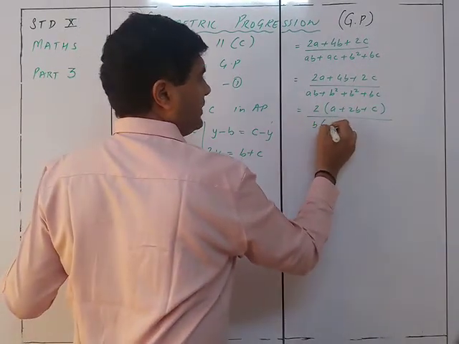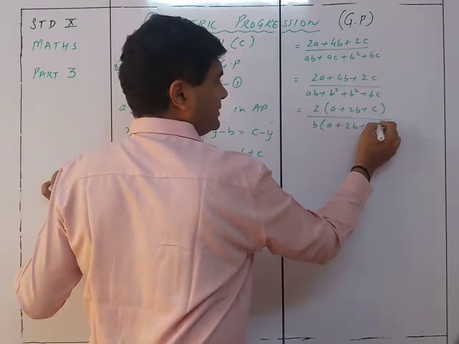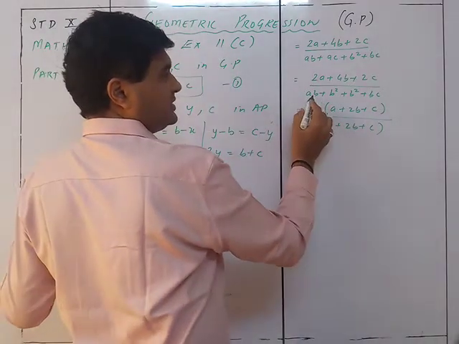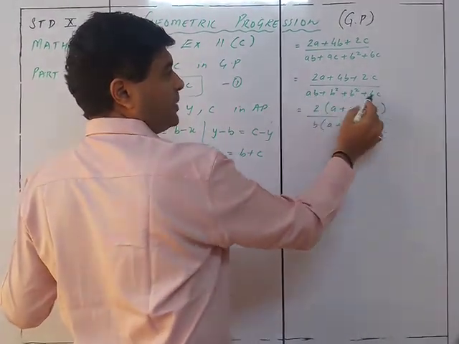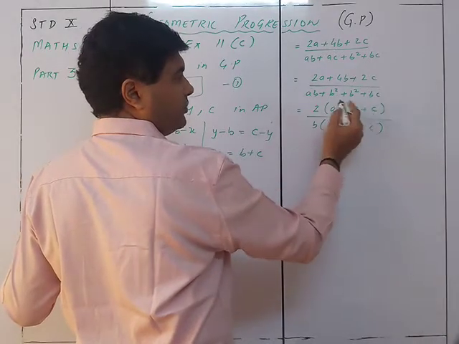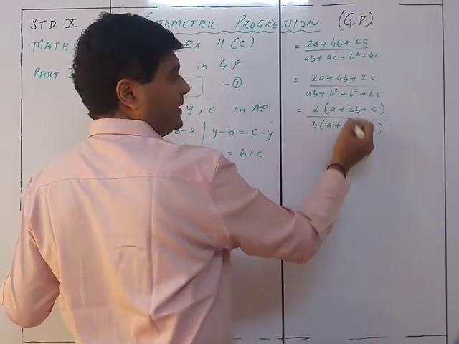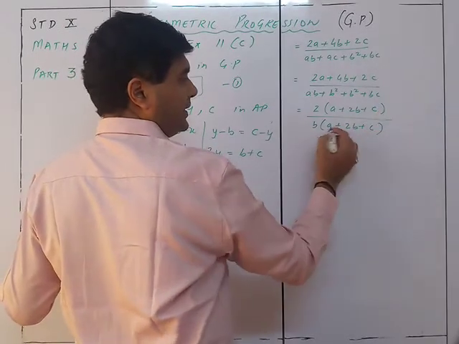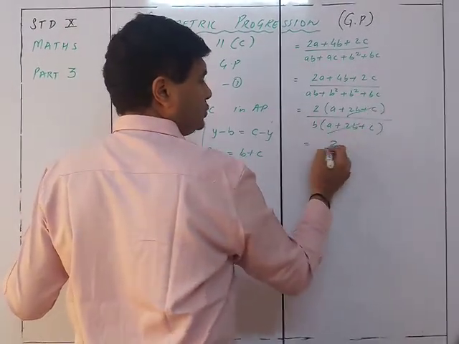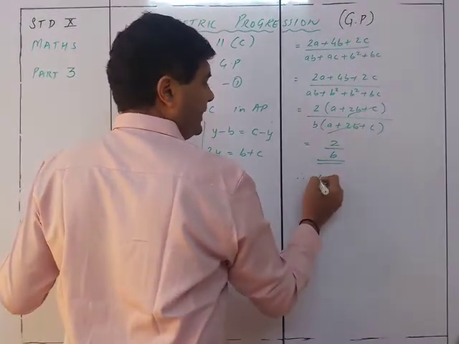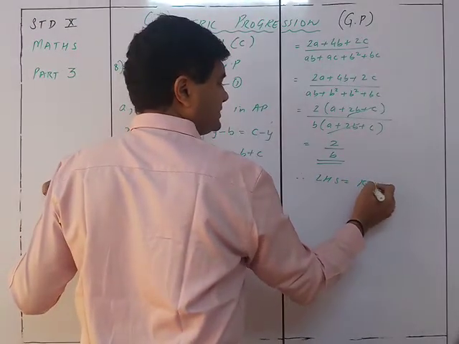So B taking common, we get A plus 2B plus C. See this is AB plus 2B square plus BC. So B is common in all of them. So in place of 2B square, 2B will come, here A will come, here C will come. So this and this get cancelled. So equals to 2B. Therefore LHS is equals to RHS.